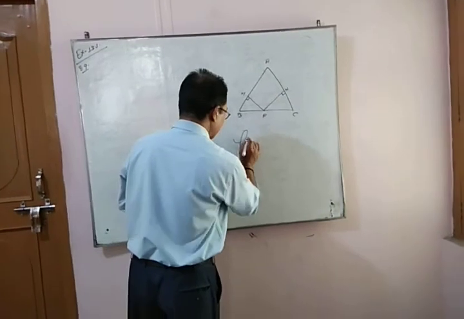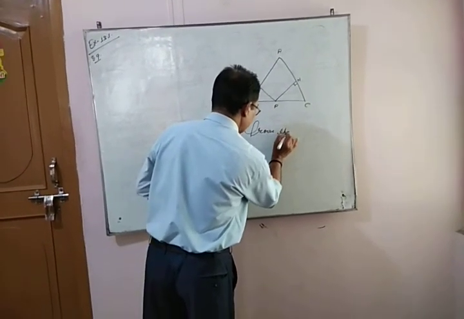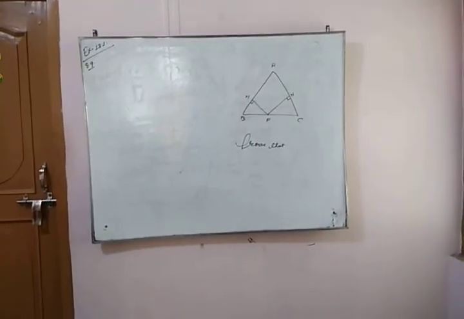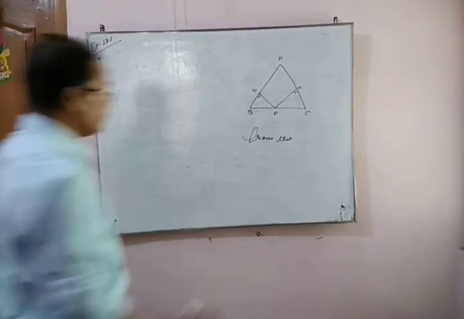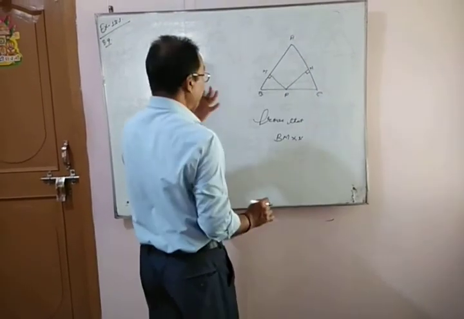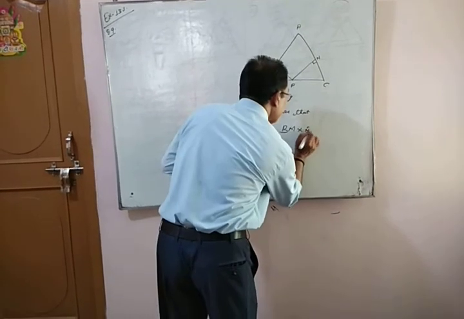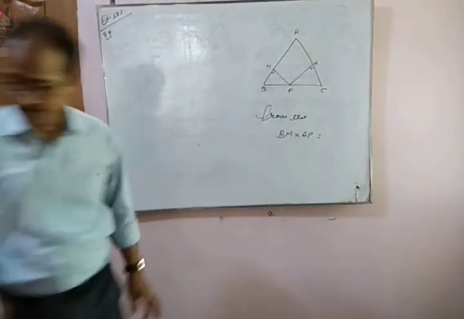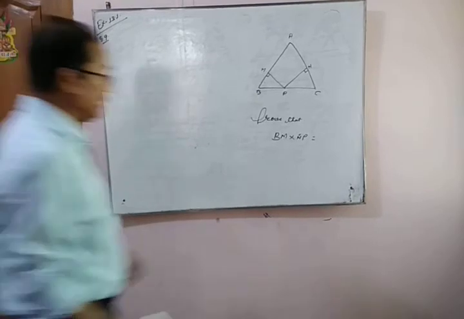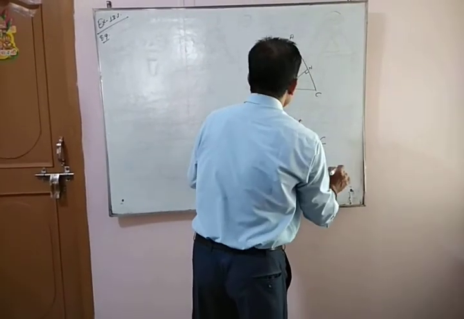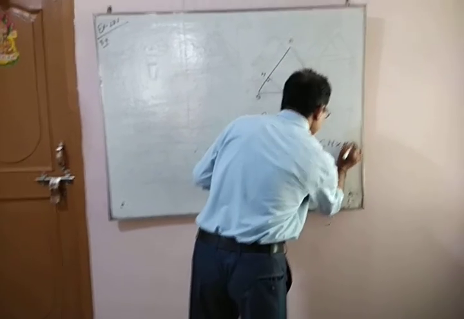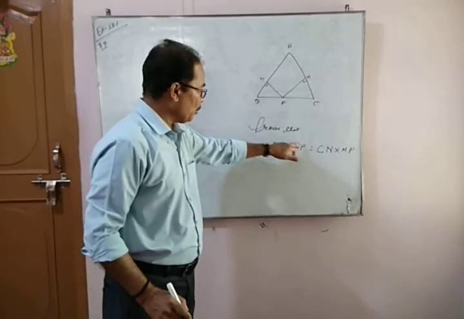You have to prove that BM into NP equal to CN into MP.